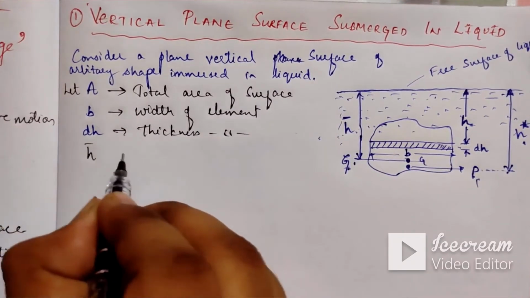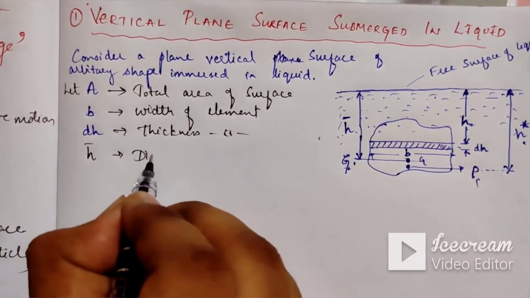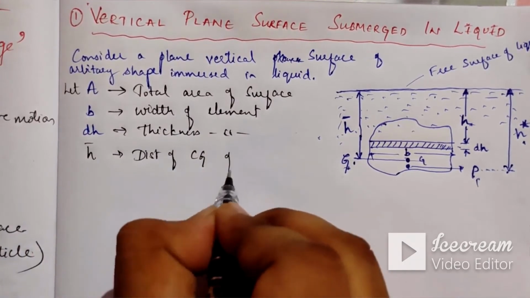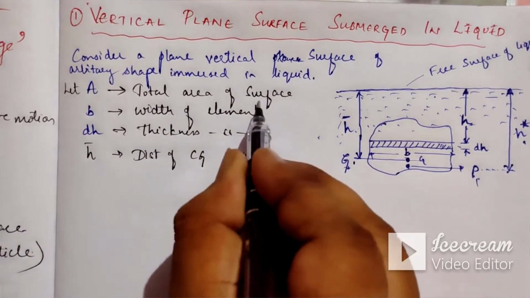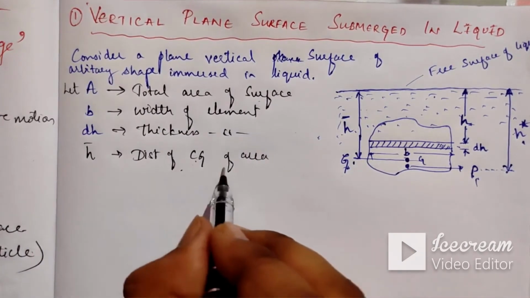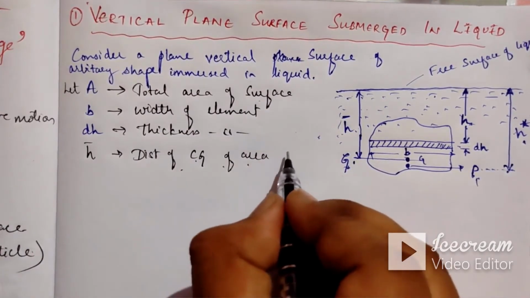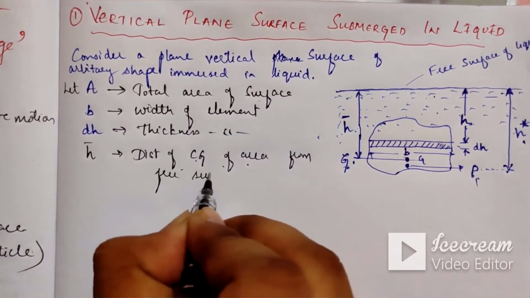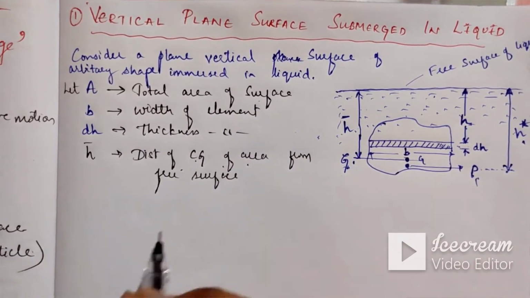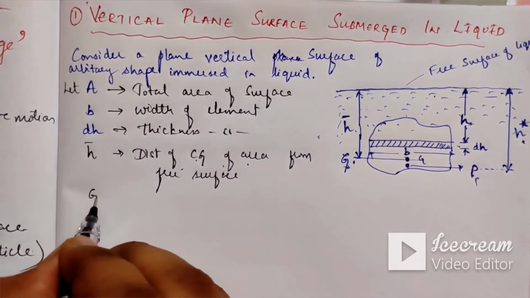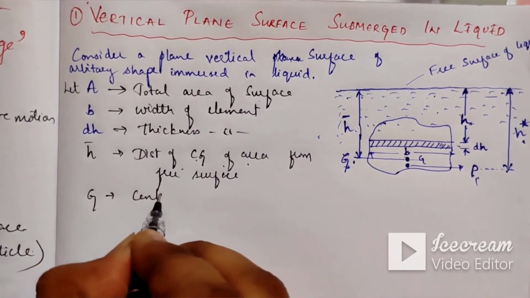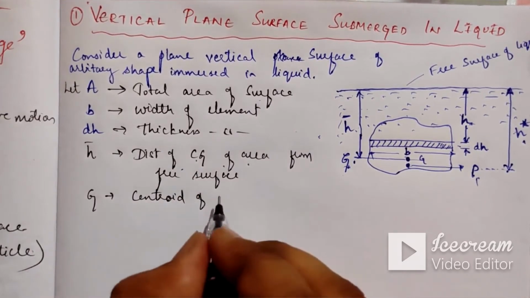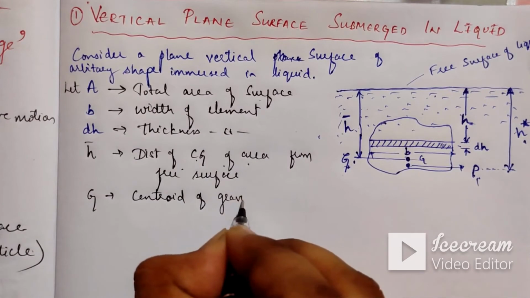Next, h bar is the distance of the CG of the area, that is, the distance of the CG of the full area from the free surface. Next, G is the centroid, the center of gravity.